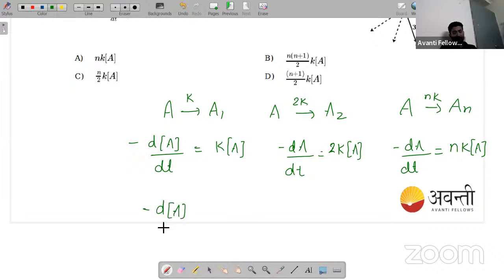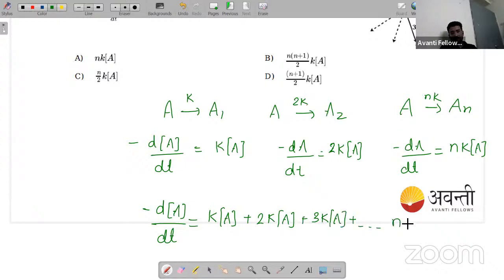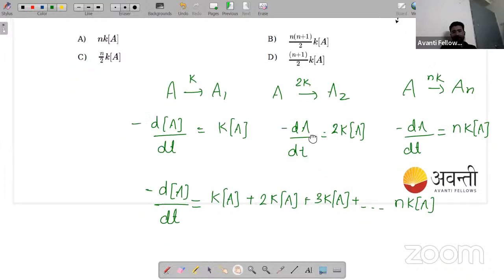Now, on adding all these equations, what we will get, just see here, final minus dA by dt is equal to Ka plus 2Ka plus 3Ka up to NKa. So we will get this equation.